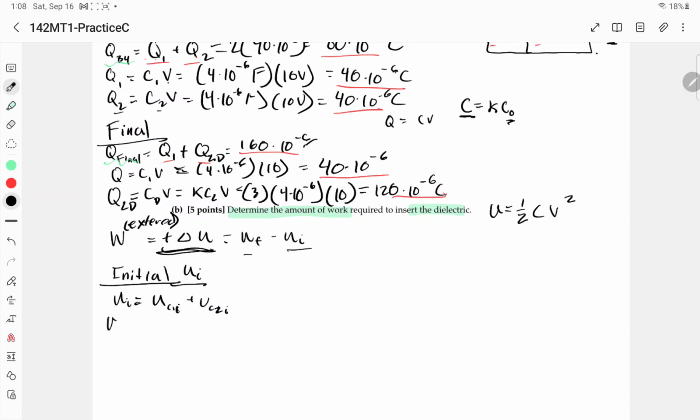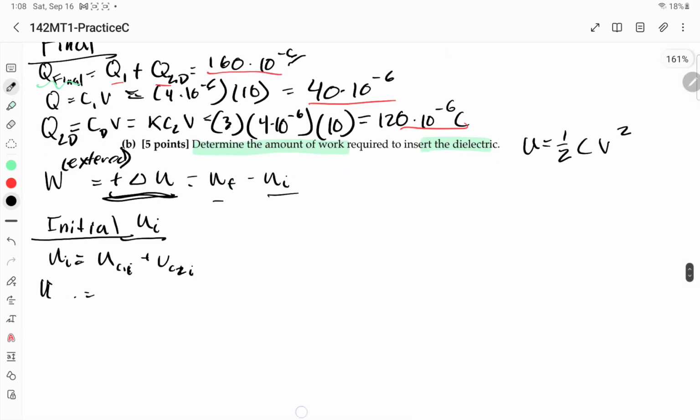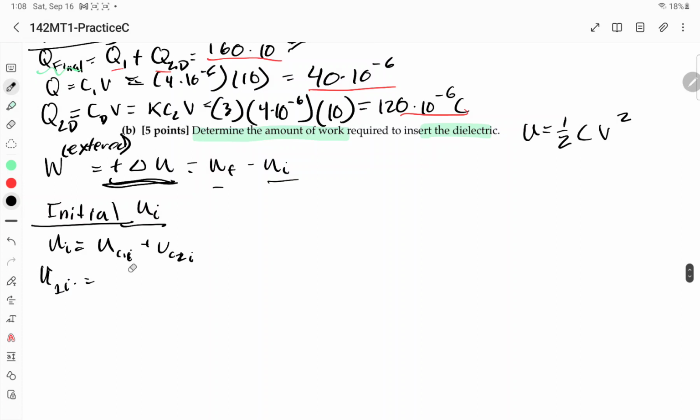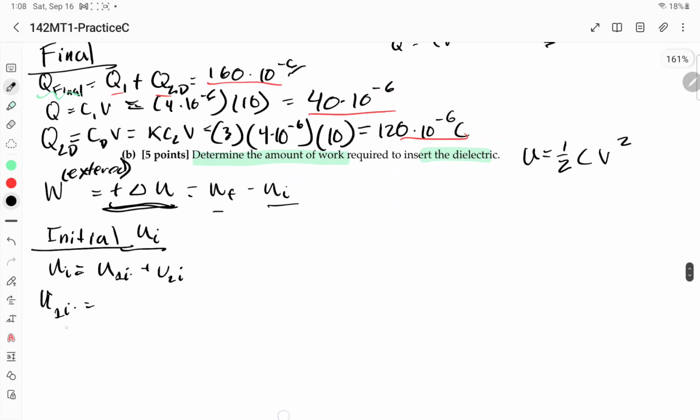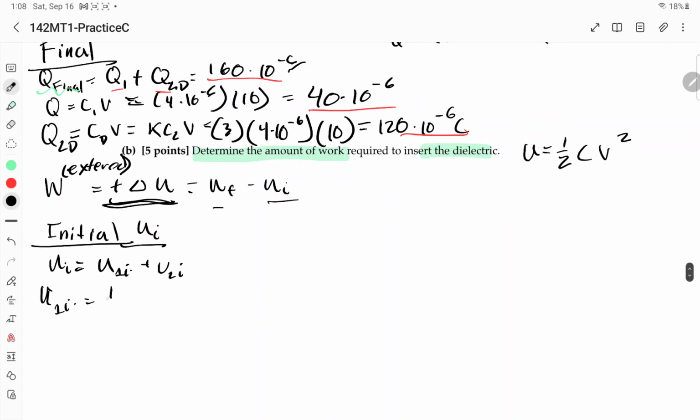So now let's go through and identify all of those in the initial states, right? So let's do U from capacitor 1 in the initial state. So really I could just write this 1I, 1 initial. I don't want to confuse you guys with all this. Capacitor 1 initially, capacitor 2 initially. So again, the equation is right here. 1/2 C, we're dealing with the first capacitor, right?